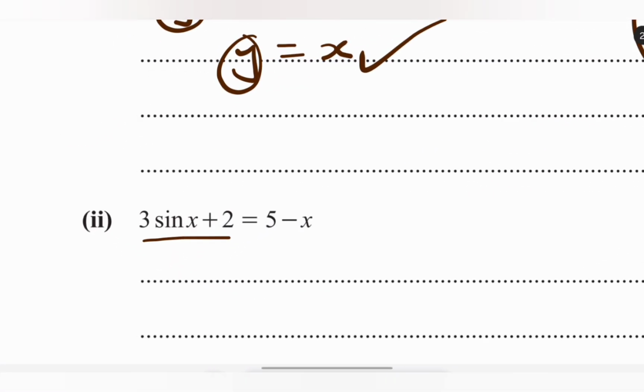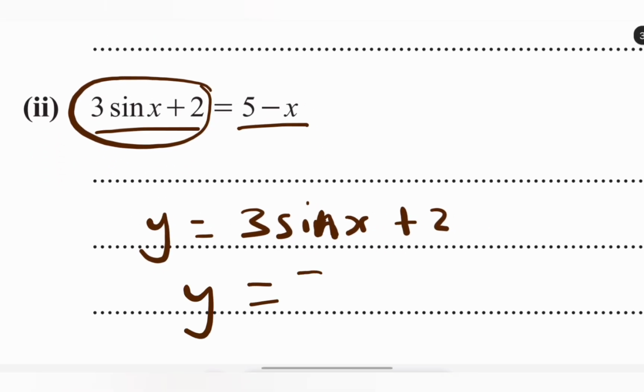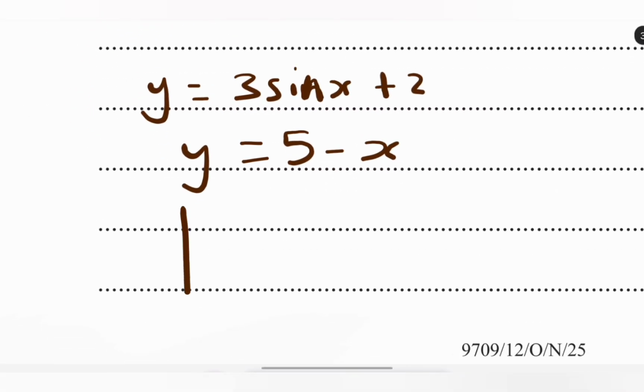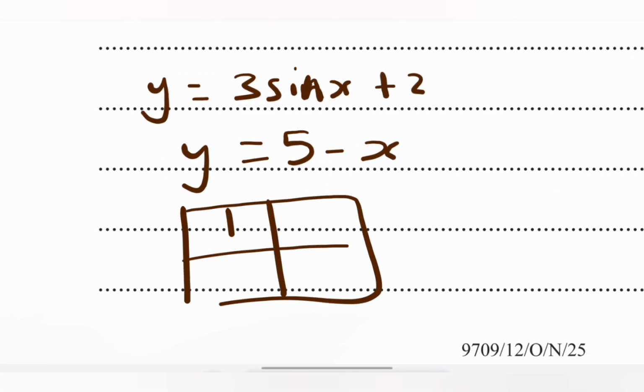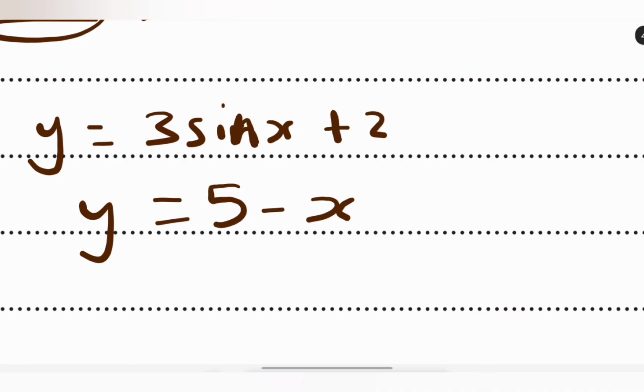Then for this one, we can see this is the graph that we sketched, and we also have this one, meaning again we have two graphs. y equals 3 sine x plus 2, and y is equal to 5 minus x. Now for the 5 minus x, you might want to draw a very simple table of values, if you have time, but I don't think we need it for this because we just need 2 points.